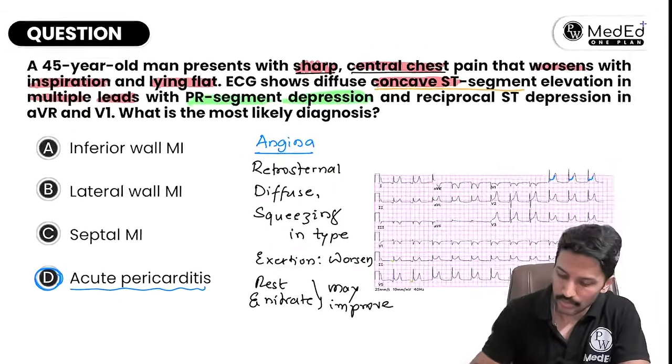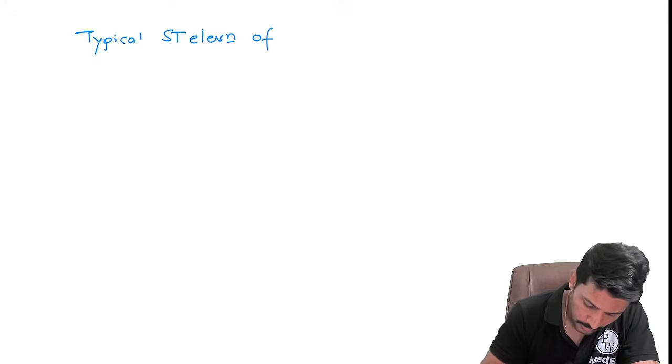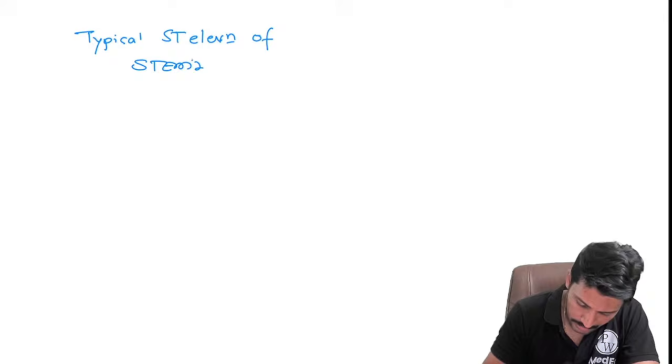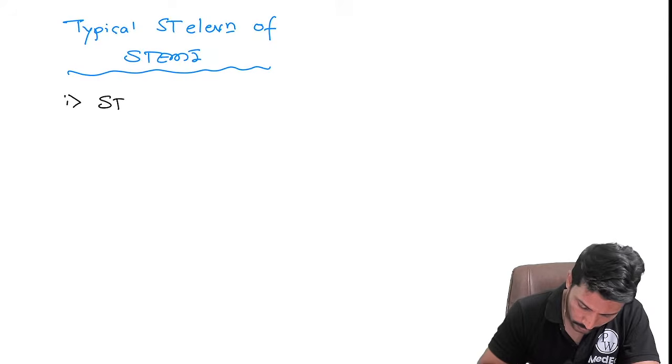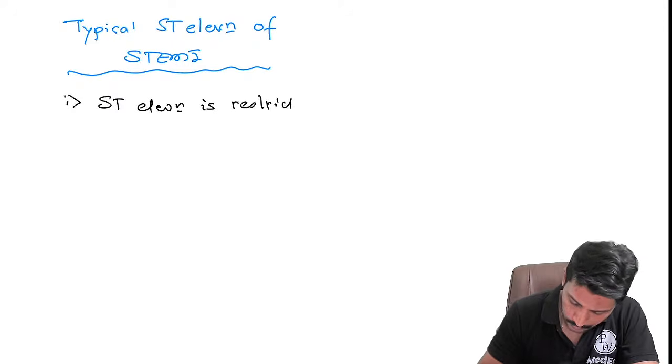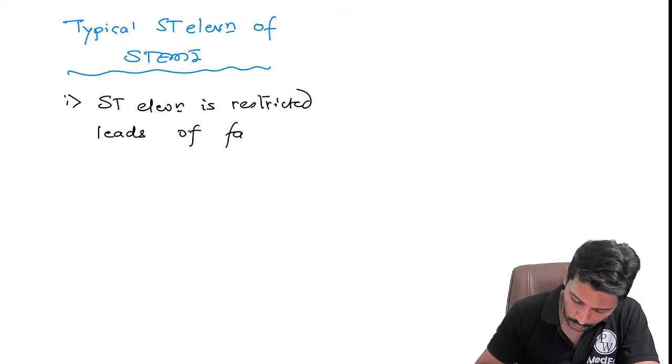Okay. So let's write down some important points on this question. The typical ST elevation of STEMI, or ST elevation MI: number one, the ST elevation is restricted to leads of the affected wall.